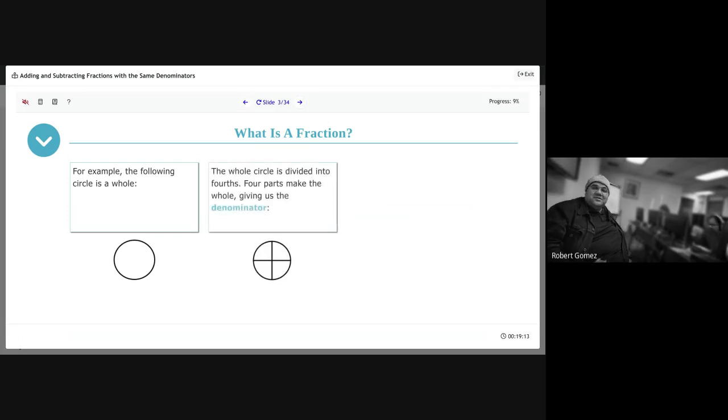Like I said, I told you guys I was gonna take it really slow on this, because I want us to make sure we know what a fraction is. When we add fractions, what are we adding? When we're subtracting fractions, what are we subtracting? What are we doing with this actually?